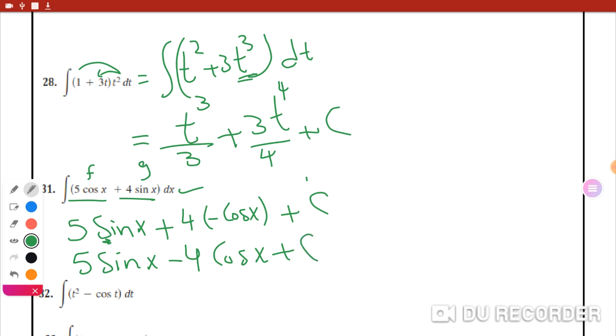If you'd like to make sure of your result, check the derivative of this function mentally. 5 multiplied by the derivative of sine, it will be 5 cosine. Here, 4 multiplied by the derivative of cosine x, negative sine, and we have minus. By the same way, check this way, it will be easy.